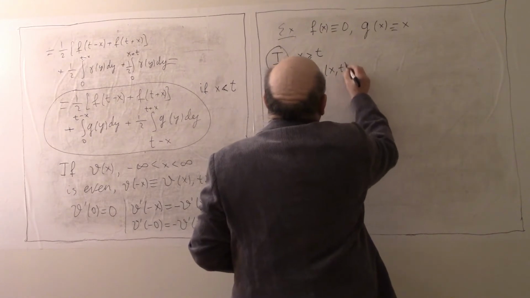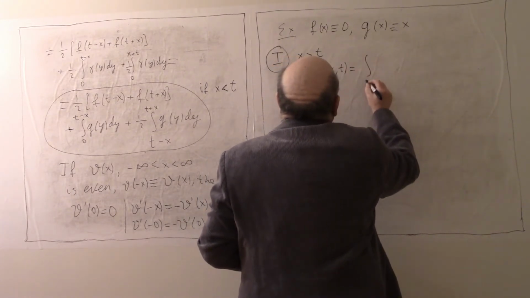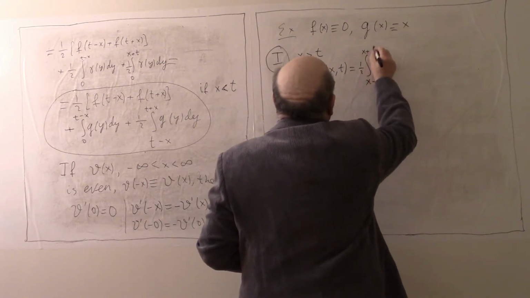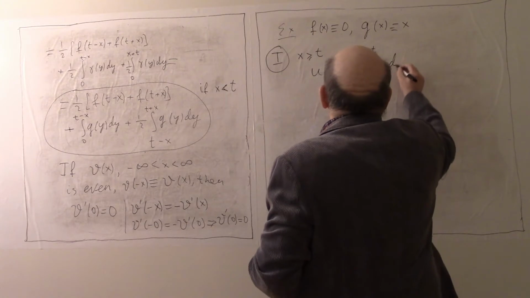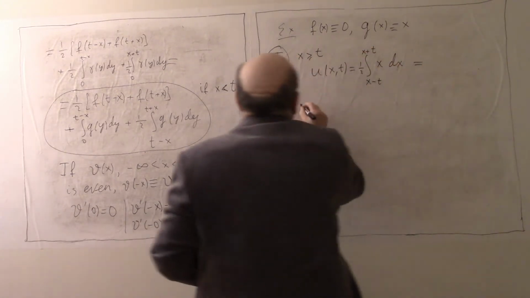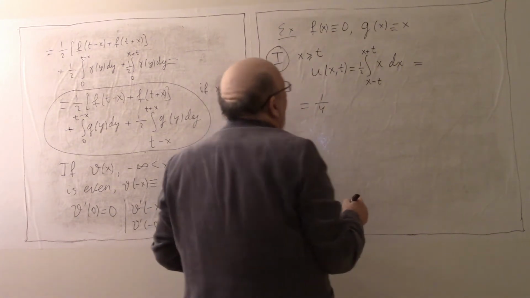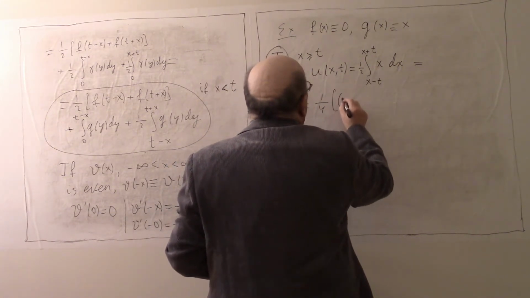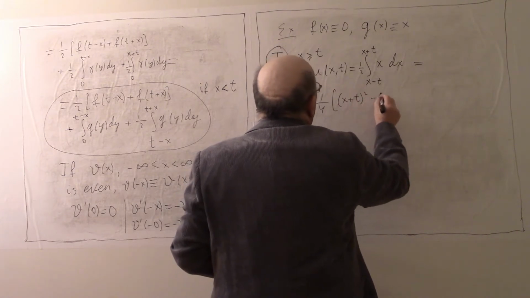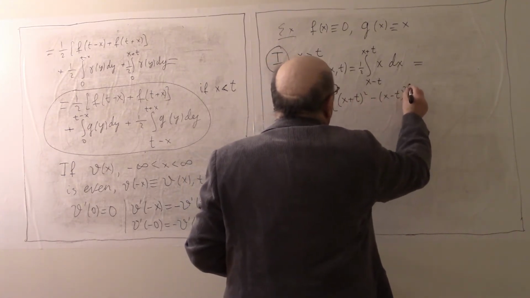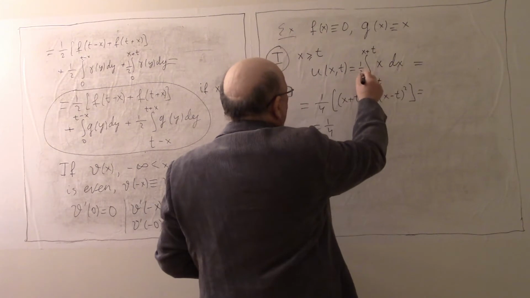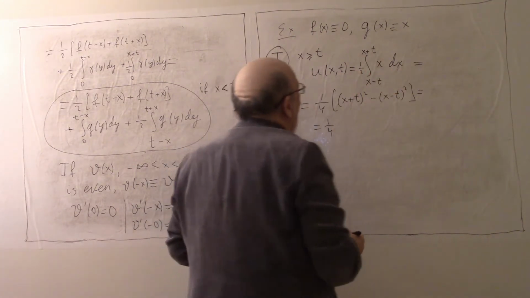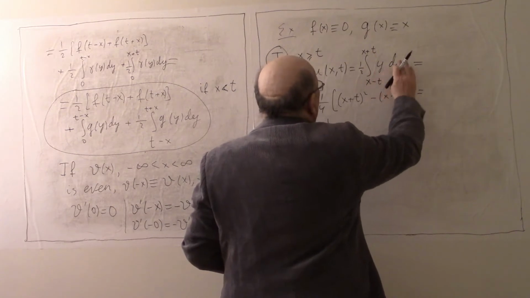U of x,t equals 1/2 integral from x minus t to x plus t of y dy, equals, now let's find it, 1/4 times (x plus t) squared minus (x minus t) squared, because 1/2 from here and 1/2 integrating y.